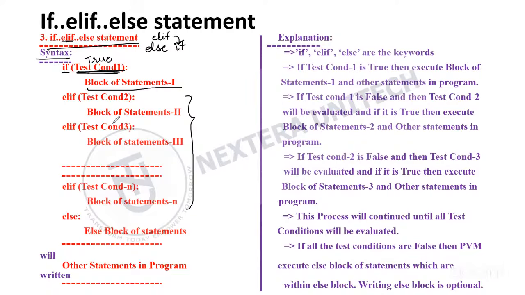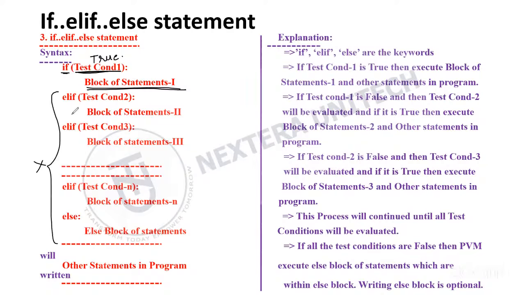First Python will check the conditions one by one: first the if condition, then this elif, then this elif, and then else. So it will go in an order, right? If your if condition becomes true, it will directly execute the first true condition's block of statements and skip the remaining. All the rest of the conditions are skipped and not checked.